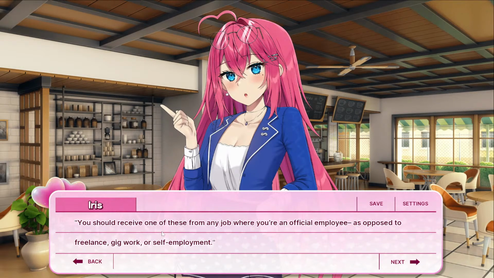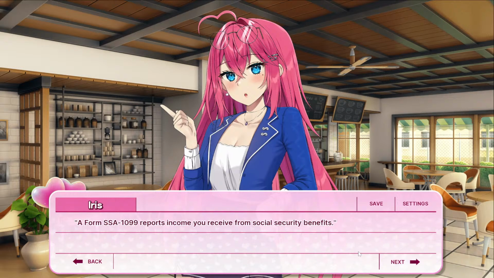You receive one of these from any job where you're an official employee as opposed to freelance, gig work, or self-employment. Okay. Form 1099-G reports income you receive from unemployment compensation. Okay, no, it's definitely not that.